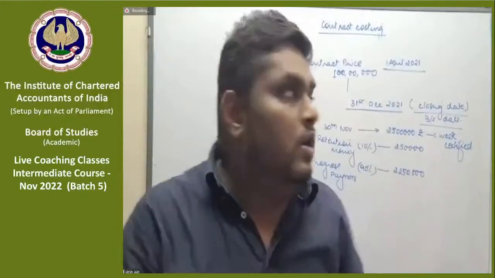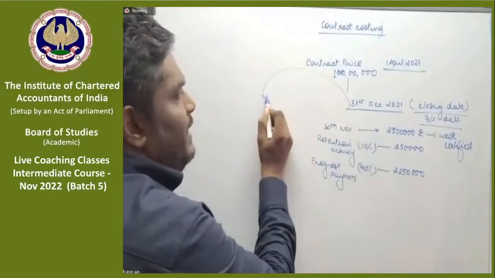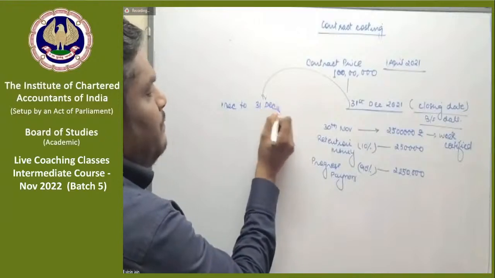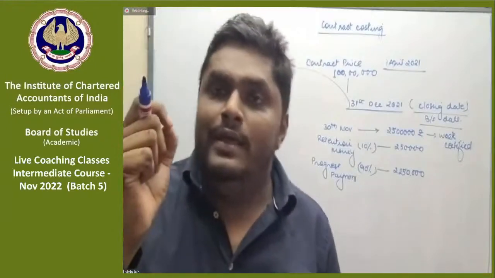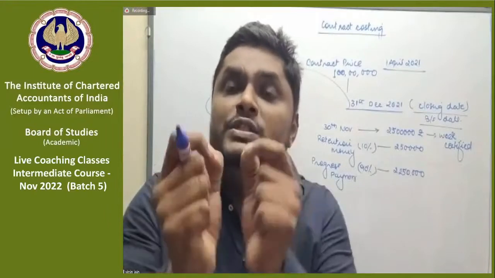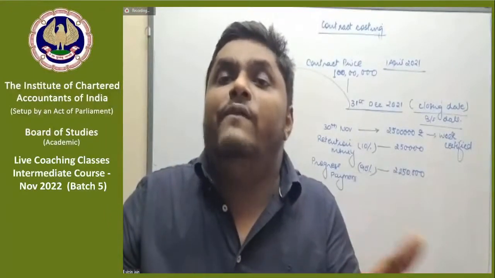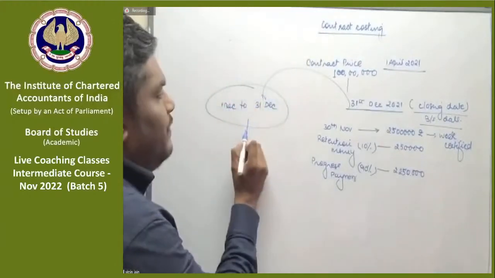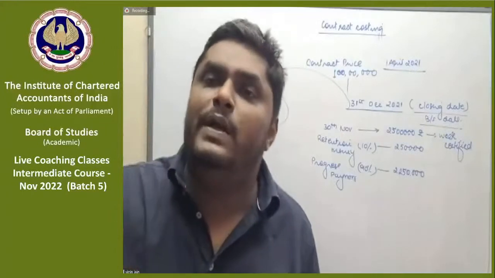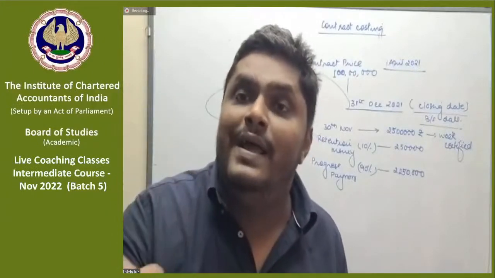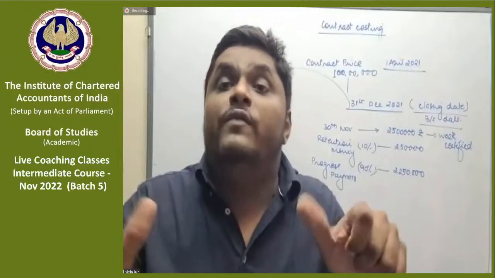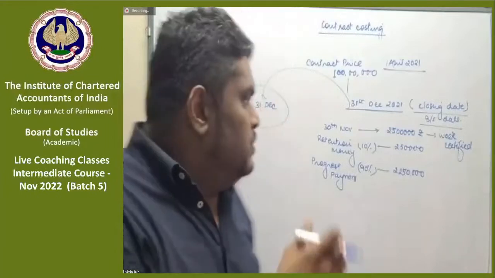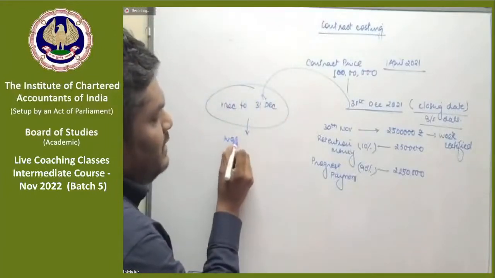That is the work that we have completed, but we have not claimed for the certificate and we have not received the certificate. The work done, the work completed for which contractee's architect has not issued certificate is work uncertified. So what is work uncertified?